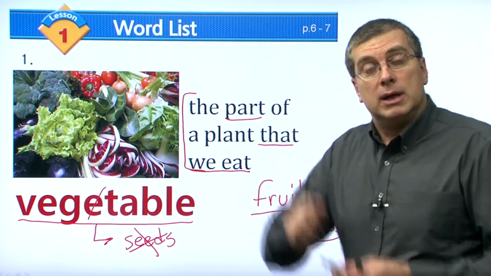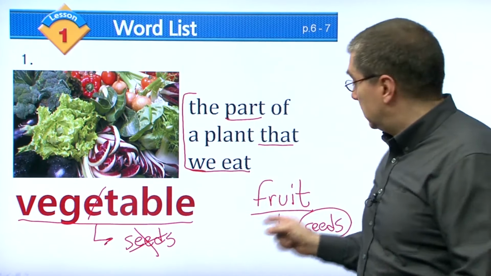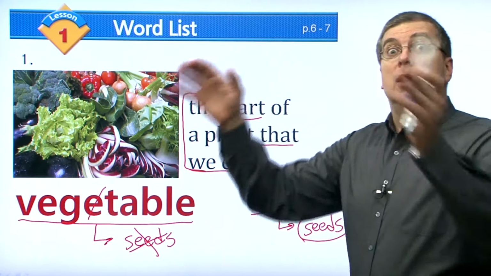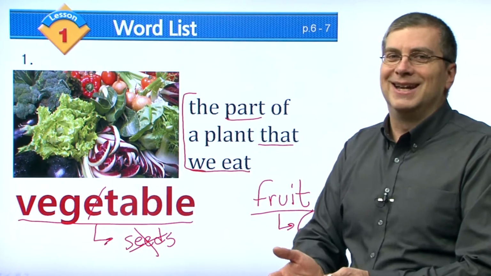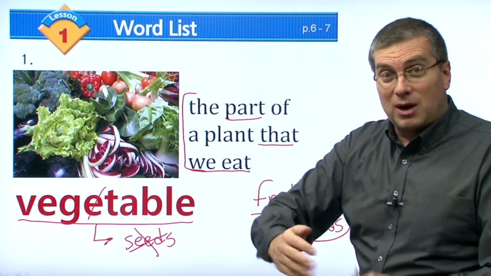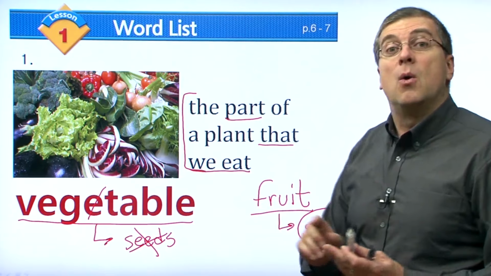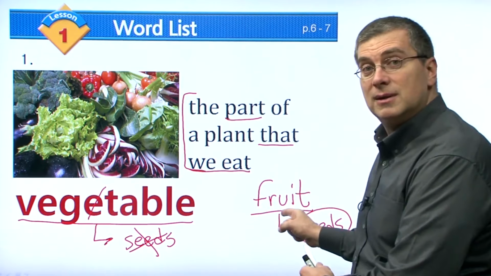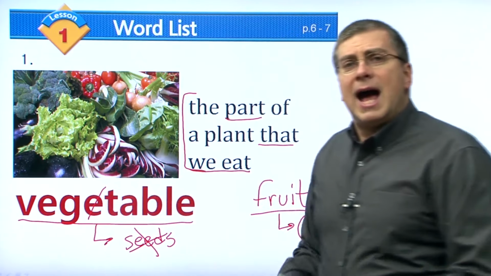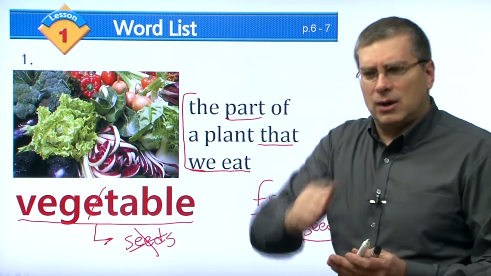So, an apple. Cut open an apple. There are seeds. An apple is a fruit. Watermelon. You cut the watermelon. Wow, many seeds. Watermelon is a fruit. Vegetable, a carrot. You cut the carrot. Where are the seeds?